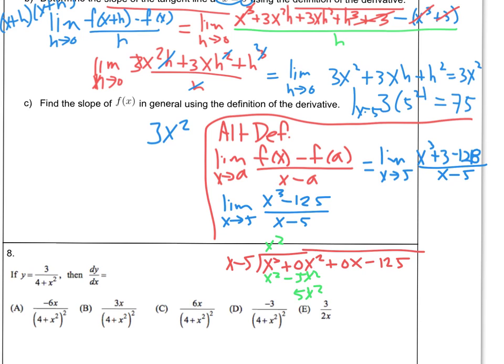And that's going to be plus 5x, which gives us 5x squared minus 25x, which when we subtract them we get 25x, which gives us plus 25, and that's going to give us 25x minus 125, which gives us 0.